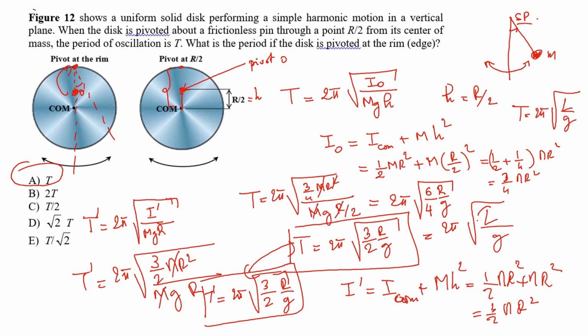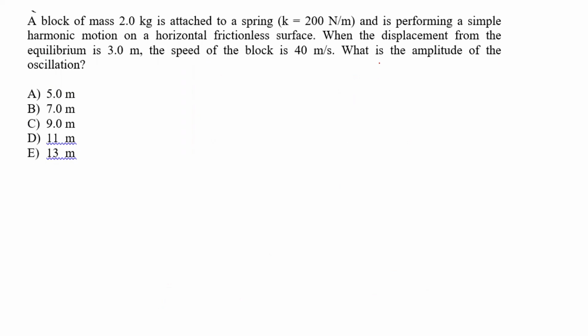So that means that L here should be equal to 3/2 of R. Okay. A simple pendulum that will have the same period will have a length which is equal to 3/2 of R. Okay, good.